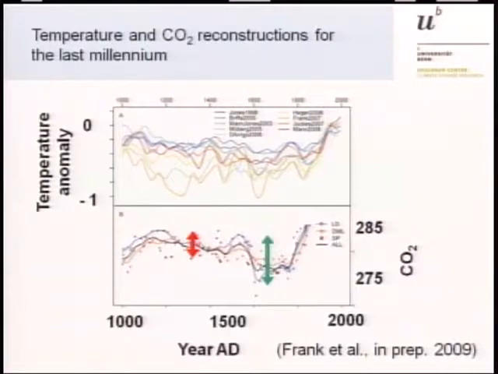That is, the CO₂ here is responding strongly to the temperature signal. Whereas if you look at this other period, you will rather expect a relatively low carbon cycle feedback. And of course, there are different reconstructions and so forth.